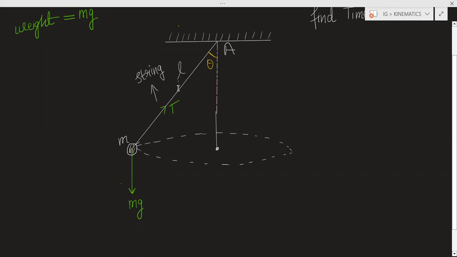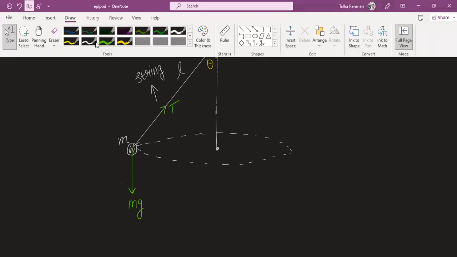This string has the length L. So there are two forces on mass m: one is the tension force in this direction, and one is in the vertically downward direction. Now here we will take a step.